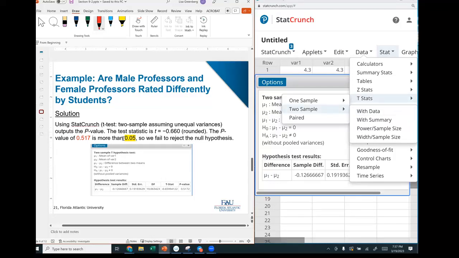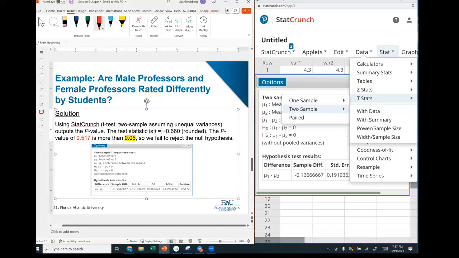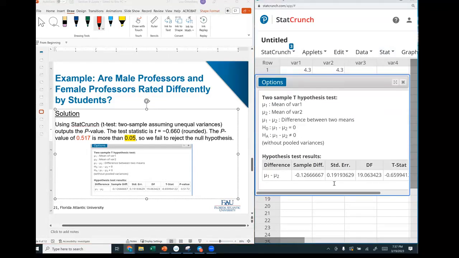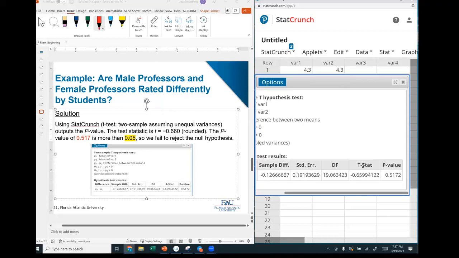We output a lot of different things here. We have our degrees of freedom, our test statistic, our t-stat, and our p-value. Literally that's what this is right here. So look how big our p-value is.